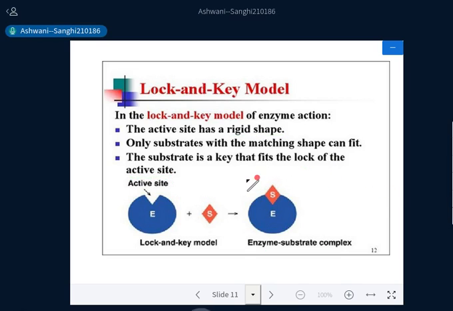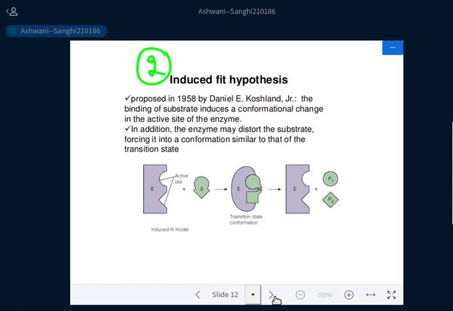The drawback of this model is that it means each lock has a particular key, like one enzyme is specific for one substrate, but this is not true in the case of enzyme and substrate, because the active site on the enzyme is somewhat flexible and can change shape.